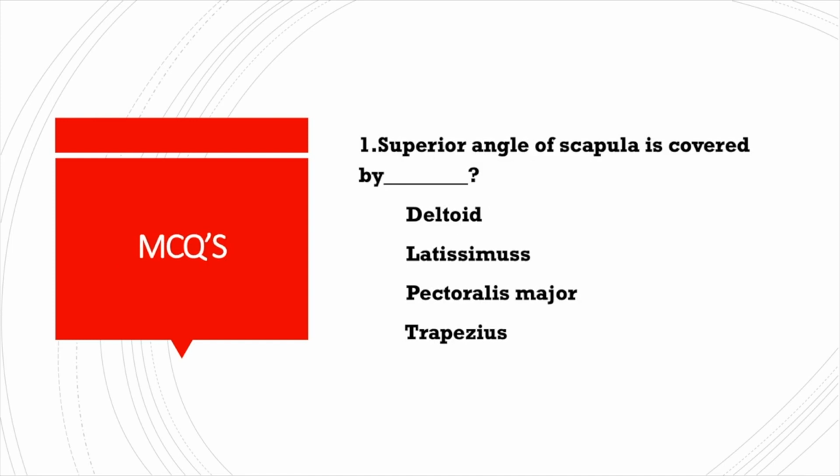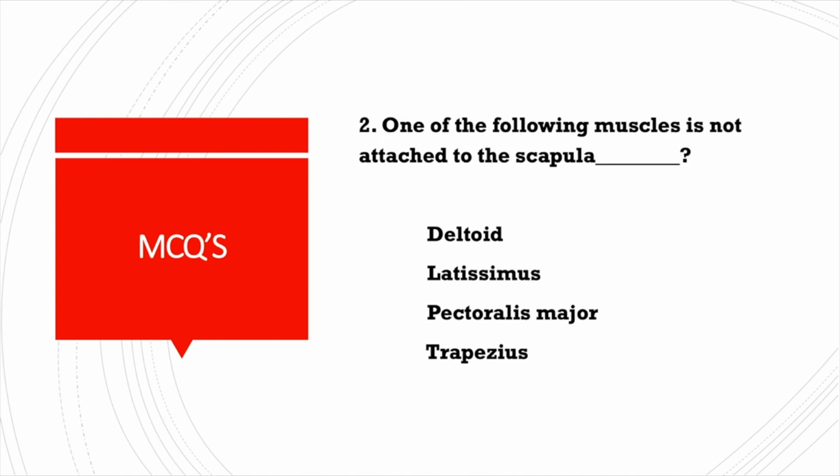MCQs. Superior angle of scapula is covered by deltoid, latissimus dorsi, pectoralis major, trapezius. Answer: trapezius. One of the following muscles is not attached to the scapula: deltoid, latissimus dorsi, pectoralis major, trapezius.